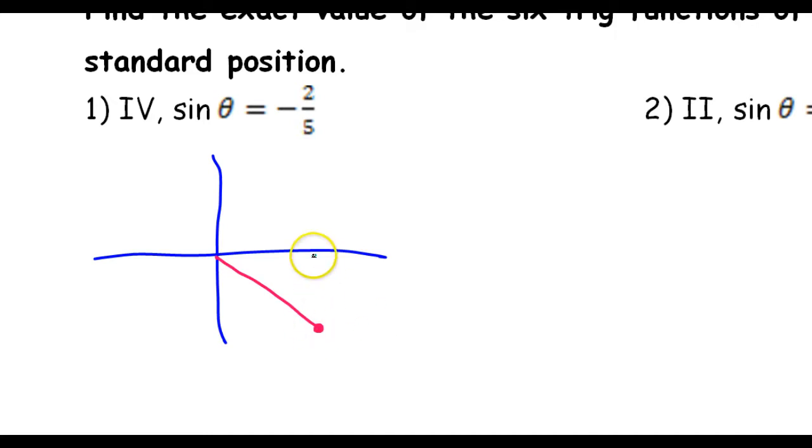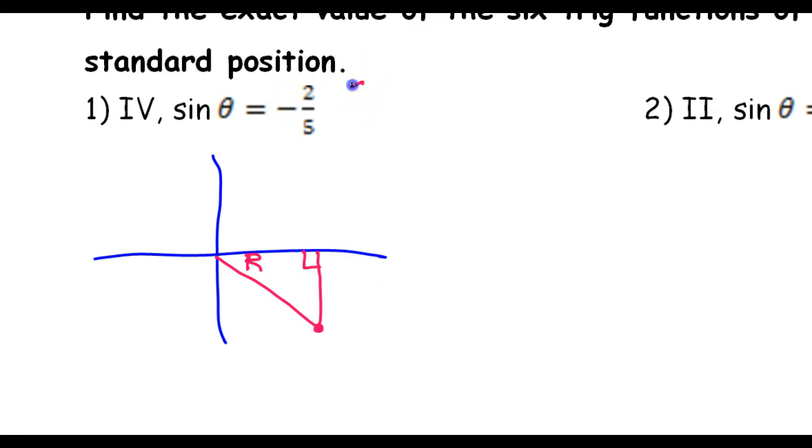Okay? Let's go ahead and make a triangle out of it, so we have a right triangle. Now, look at this reference angle as we do the problem. Even though the true angle theta is here in standard position, we can use the reference angle as long as we're careful about the signs.